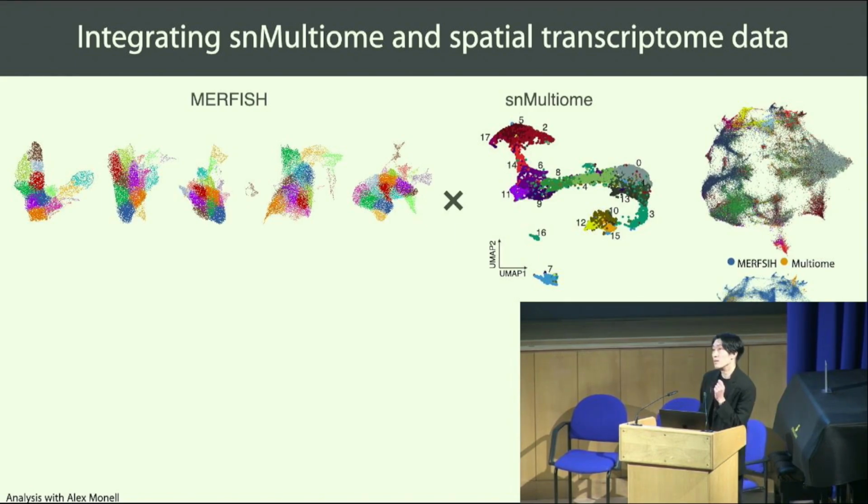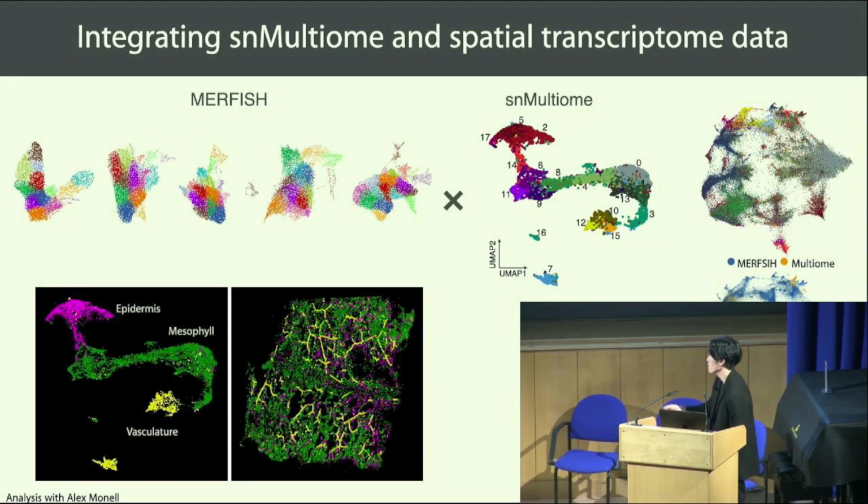And we hypothesized that probably we can use the MERFISH cells as spatial anchors to spatially map the single-cell multiome information. So to test this, we've done a simple test where we try to spatially map those cell type labels predicted in the single-cell multiome data, just purely based on the gene expression information, no spatial information.